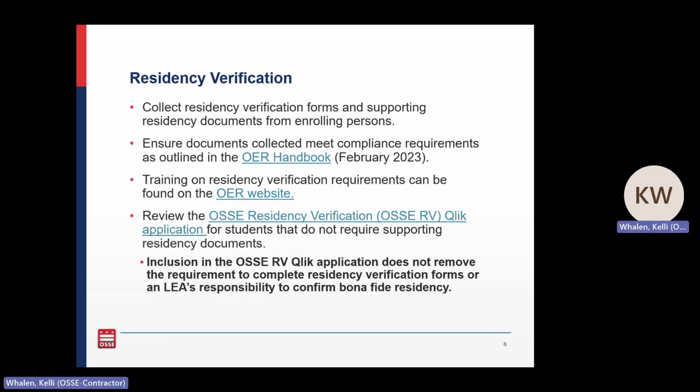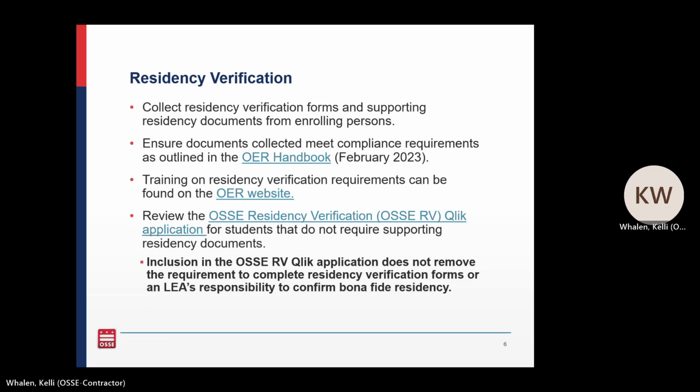You should also be reviewing the EACC Residency Verified Click application. EACC RV is how we often shorten that. The students who are on this report with an indicator that says Y or yes means that they do not require supporting residency documents.